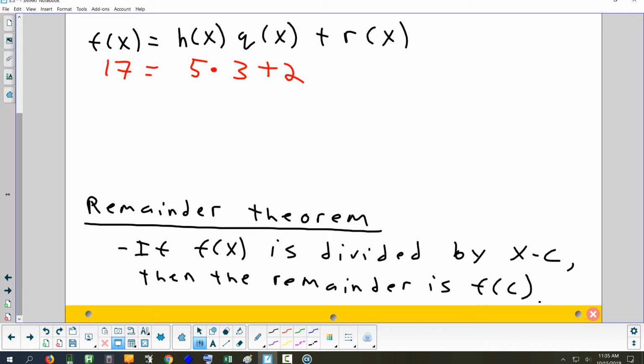Now, I say there's a quick way as long as you're dividing by something specific. If you've got a problem, let's call this f of x, and you divide by this. Could be x minus 2, could be x minus 7, could be x minus 12.